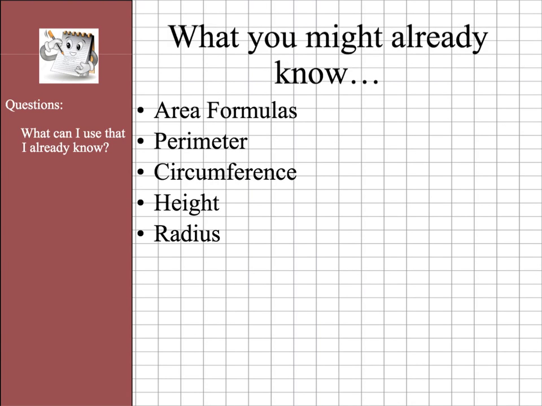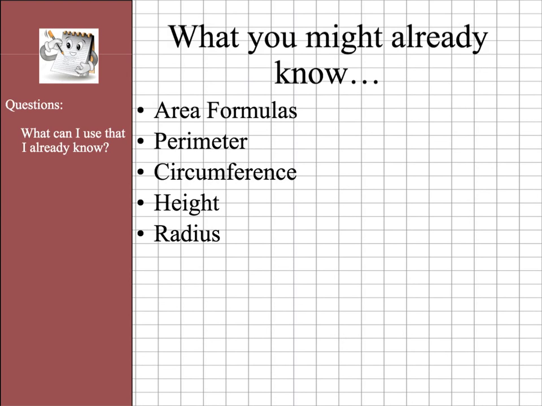Some of the things that we're going to use that you already know or should already know or have. One is the area formulas. When we're dealing with surface area and volume, we're going to be dealing with, you could almost say, an infinite number of cross sections, or slices of these shapes.